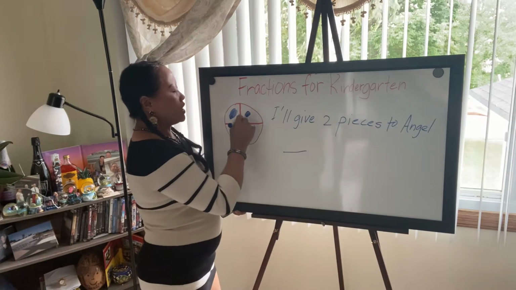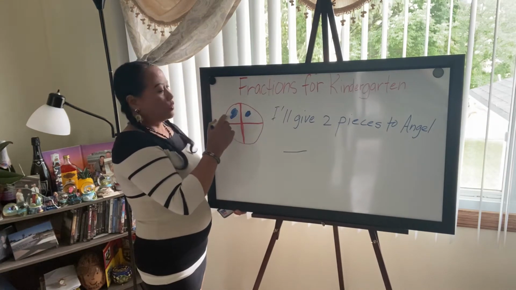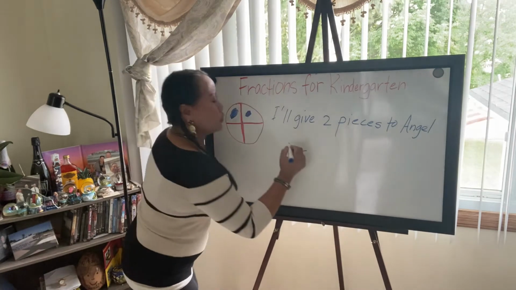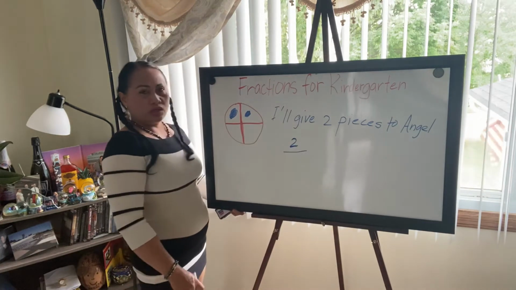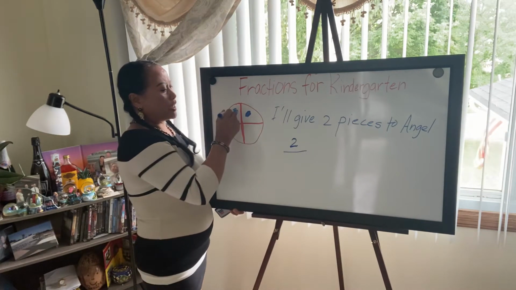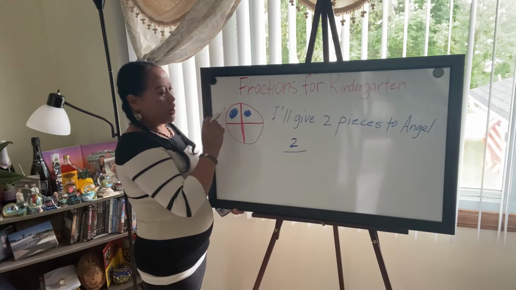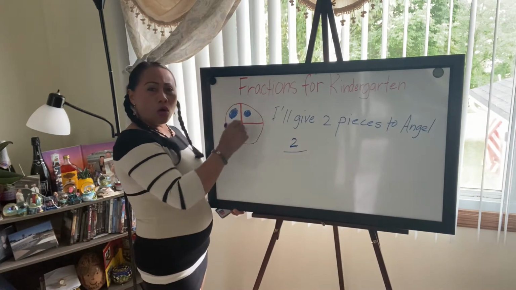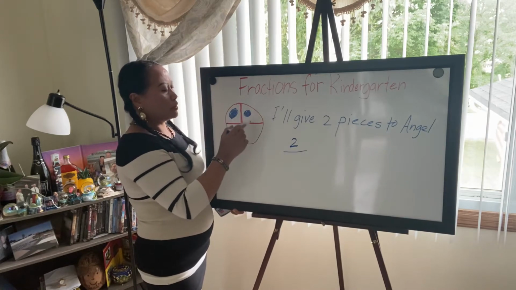How many shaded part here in this circle? 1, 2. So you put it on top, which is the numerator. And after counting the shaded part, you count all the parts. 1, 2, 3, 4.